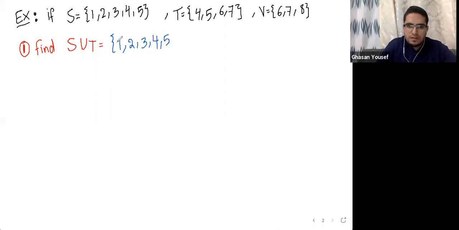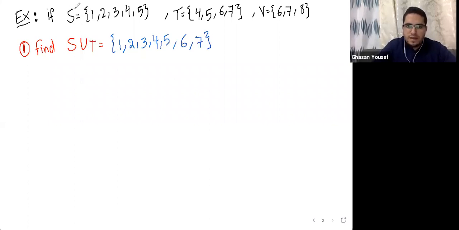Then I go to the set T. Here is the set T. I have to put all of them inside this union set. The 4 we already wrote, we don't have to write it again. The 5, the same thing. 6 is new, we have to write it down. And the same thing for the 7.